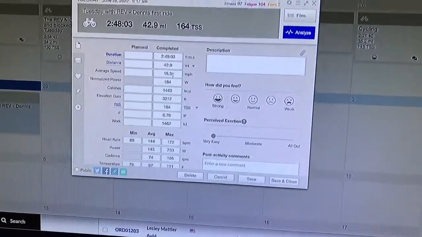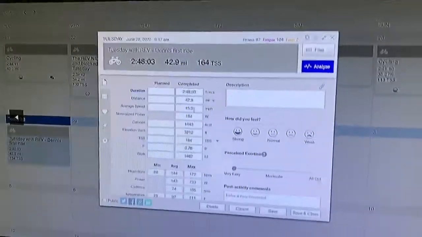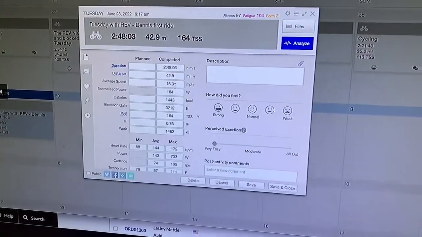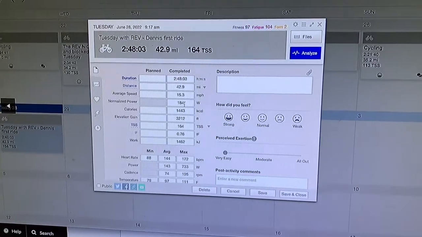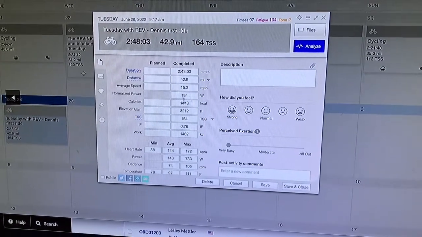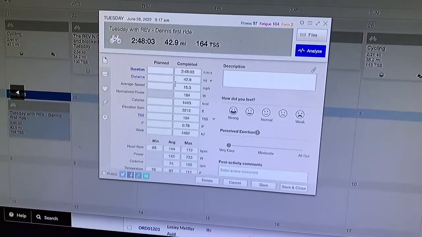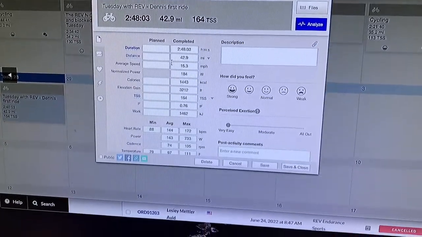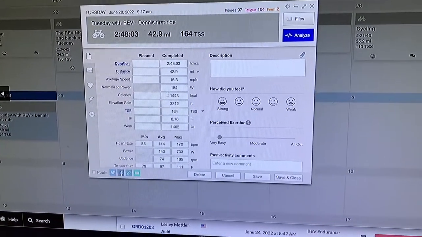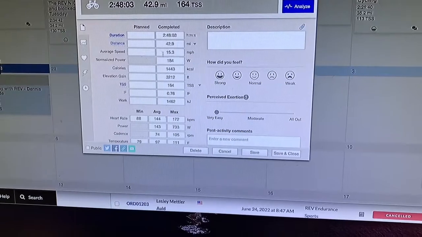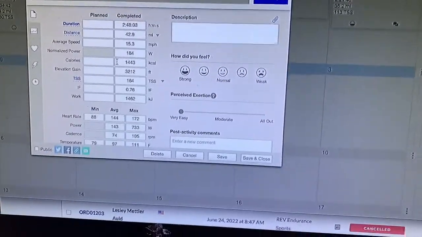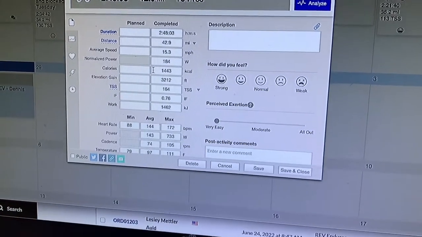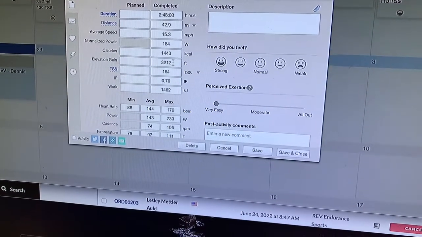And if you live in San Diego, you won't be seeing 17, 18, 20, 23 miles an hour average speed, and none of that is going to happen here. The first number I want to call your attention to, and I will show you a lot throughout these videos, is the normalized power. Okay, so 184 for the entire ride. And it was 3,200 feet of gain.